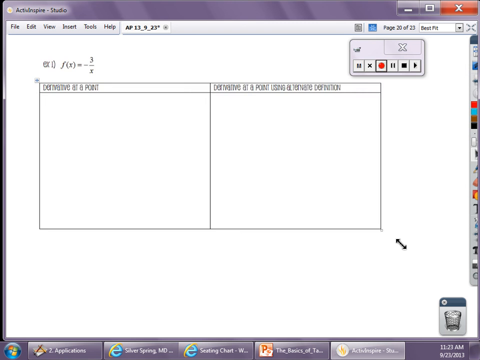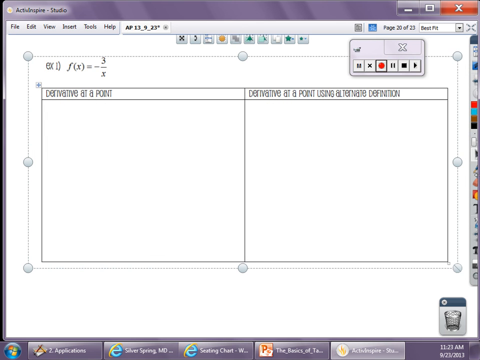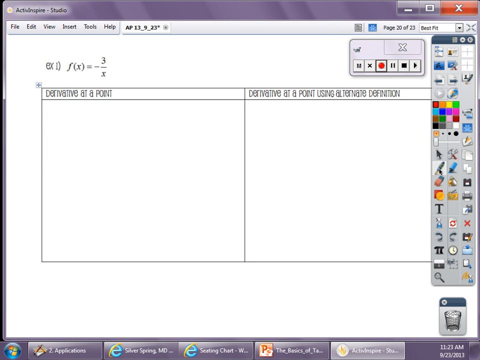Now that you have it, we're just going to use the two different ways. On the left side, we're going to do it the way we're used to. On the right side, we're going to do it using the new definition. Either definition is acceptable, okay?